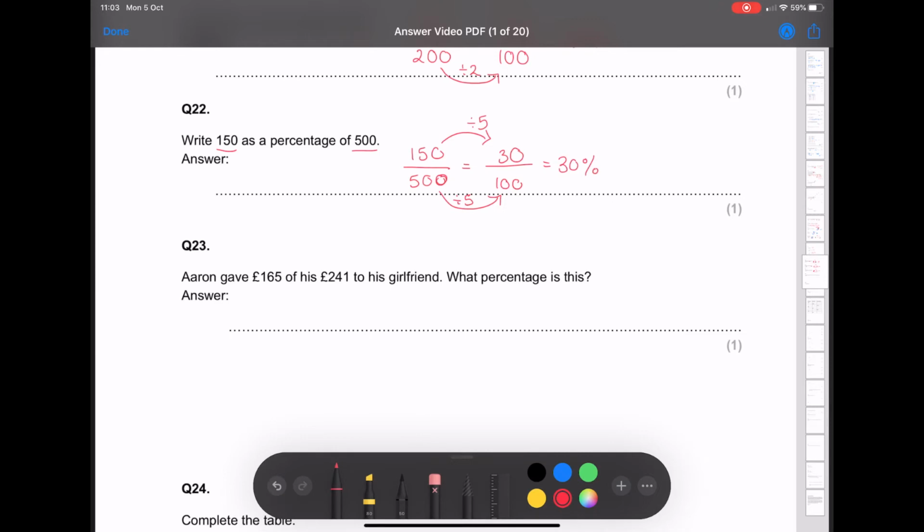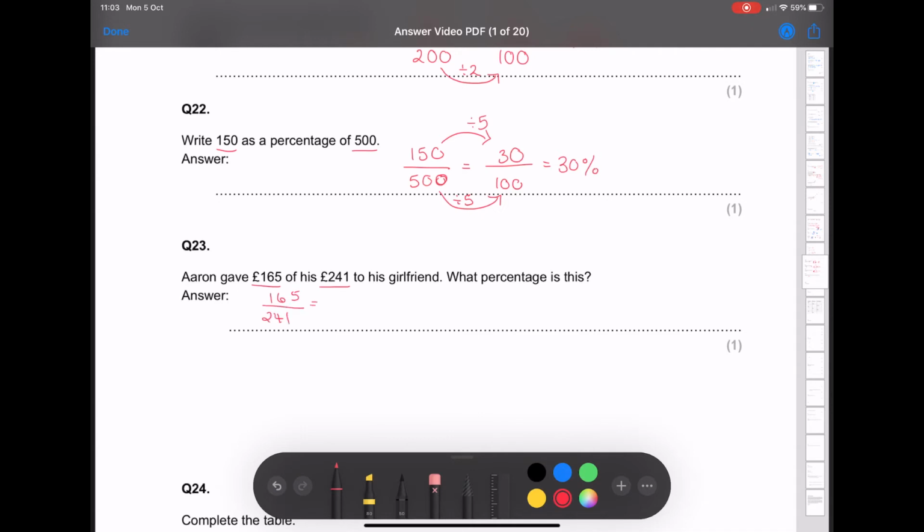Okay, now people keep getting this one a bit wrong, I'm not sure why. 165 out of 241. So it's saying that Aaron gave £165 of his £241 to his girlfriend. Okay, what percentage is this? So there we would say, well, it's 165 out of a total of 241.